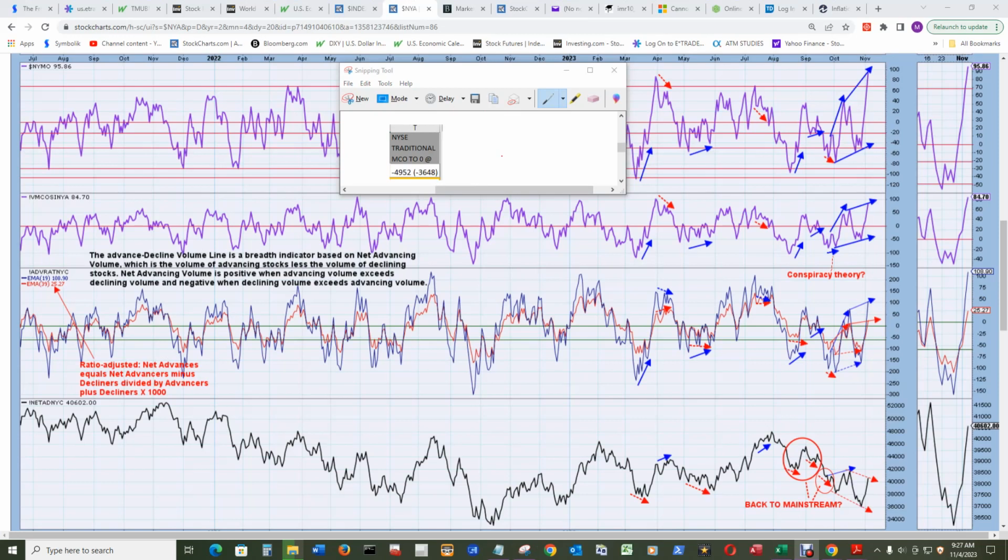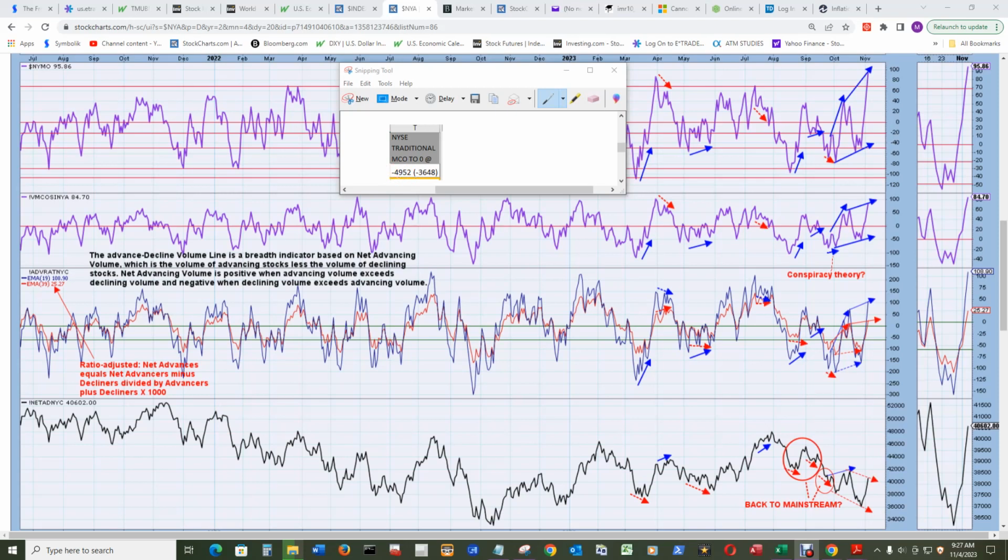And here's a snip from the big board chart that has the New York traditional McClellan breadth oscillator. It's really at some high levels. I would have to do research to find out if this is a record. Probably not. It could be similar to the downside, where 3,000 to 6,000 is not unheard of, but this is at 5,000, so that's extremely rare for upside, meaning negative.